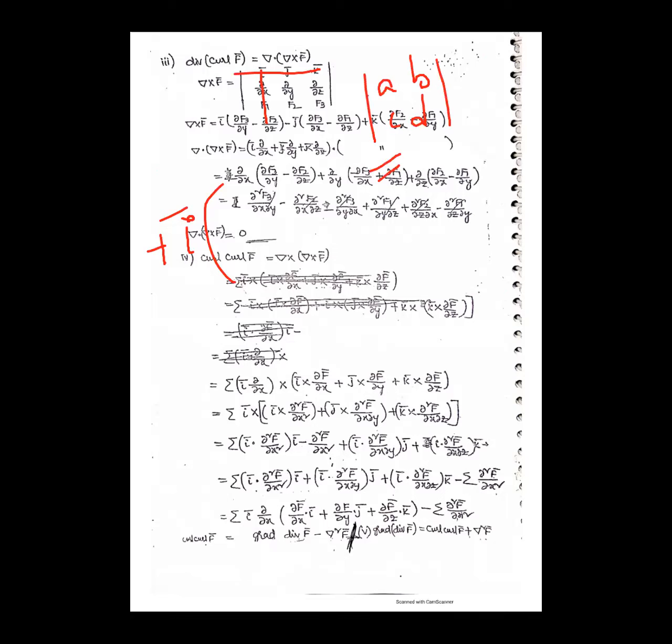So del by del y into f3, that is, del f3 by del y minus del f2 by del z. The remaining values are found the same way. Here i bar into del f3 by del y minus del f2 by del z.